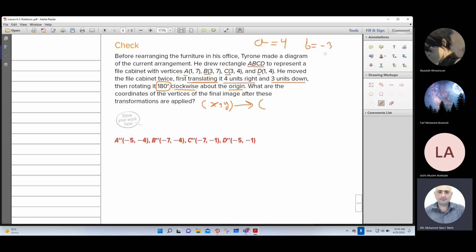Down means minus. So the rule will be x plus 4, and y minus 3.